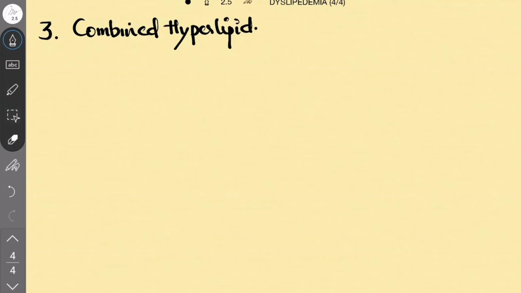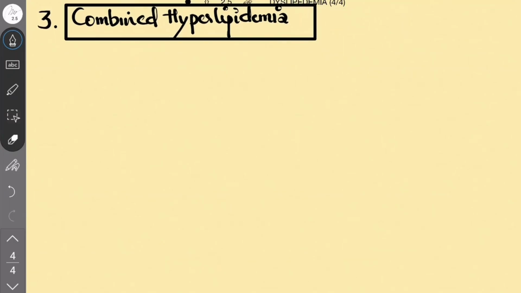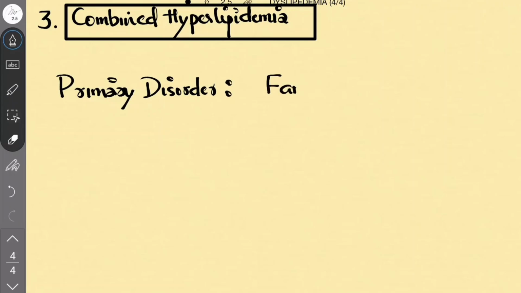Next comes the third variety of lipid abnormality, that is combined hyperlipidemia. In combined hyperlipidemia, the primary disorder is familial combined dyslipidemia.